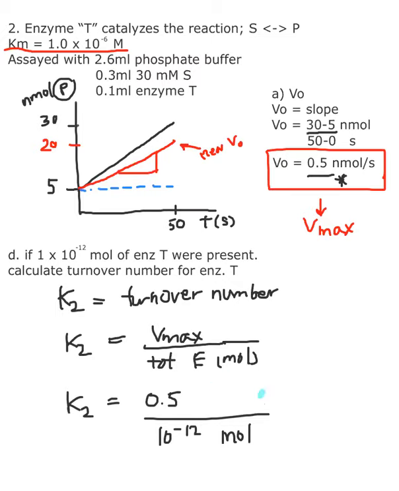It's actually 0.5 times 10 to the negative 9 mole per second, right? So your turnover number would equal 500 per second. It means that your enzyme needs to work 500 times in 1 second under the condition of Vmax.